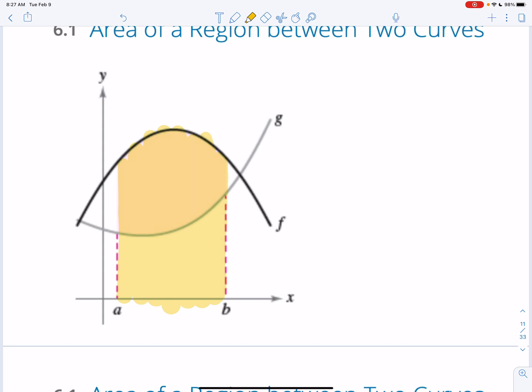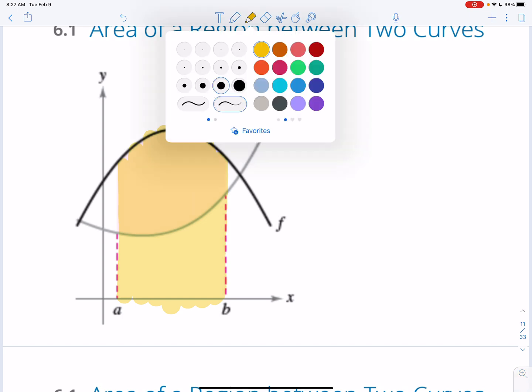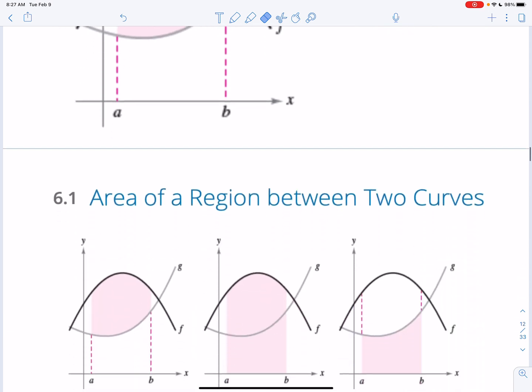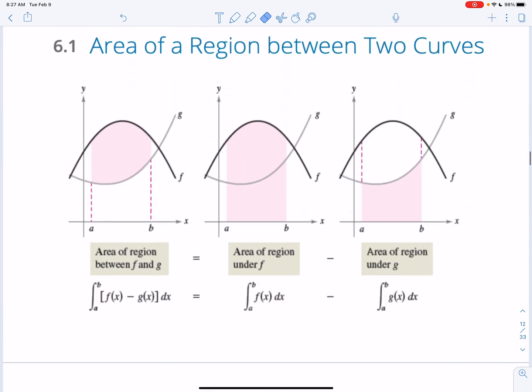Okay? And if I find the area under the curve of g, that's pretty much this. So naturally, what should I do so that I only get that pink shaded region? I would just subtract it. And here's a good illustration, a visual for it.